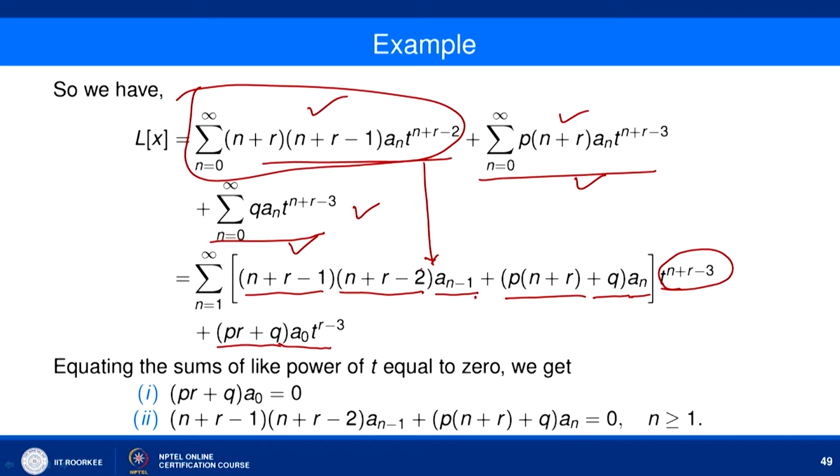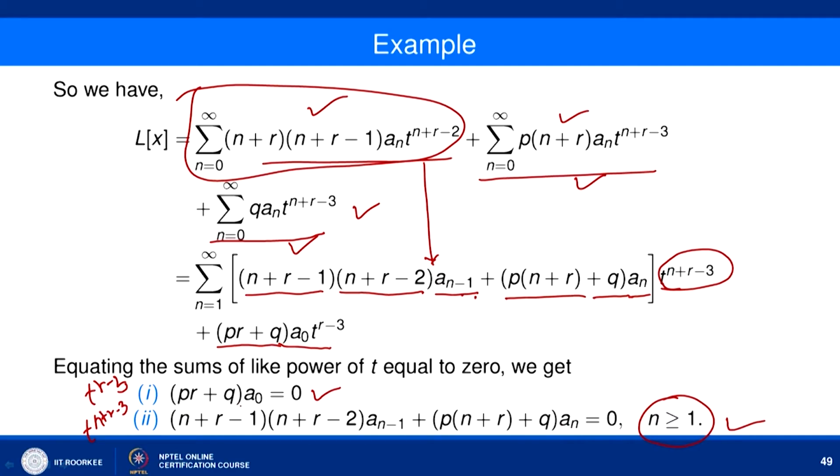Now, equating the sums of like powers of t to 0. First, for t to the power r minus 3, we have p r plus q into a naught equal to 0. Then for t to the power n plus r minus 3, valid when n is greater than or equal to 1, we have n plus r minus 1, n plus r minus 2, a n minus 1 plus p n plus r plus q a n equal to 0.